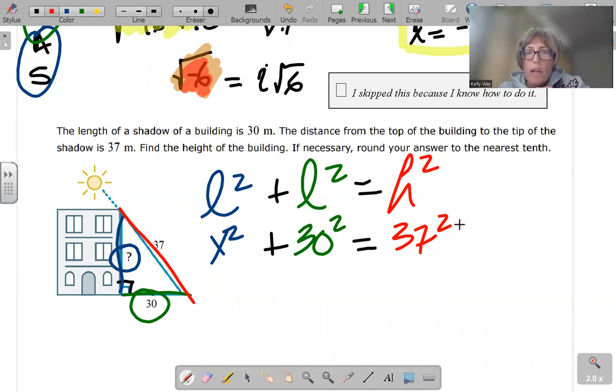Now, a lot of you are grabbing your calculators at this point, but I'm going to show you a little shortcut so that you can do the entire thing in one step. I'm going to go ahead and minus the 30 squared both sides.